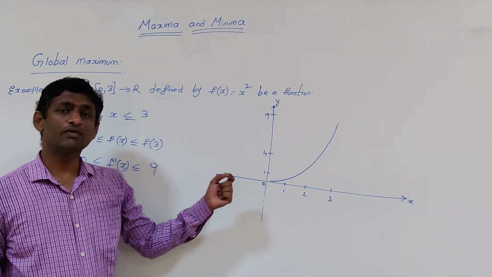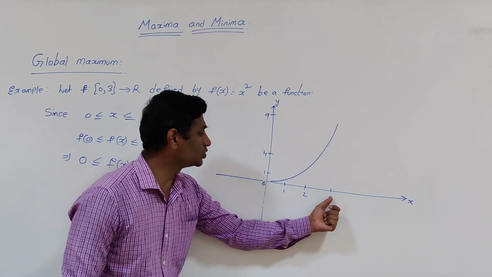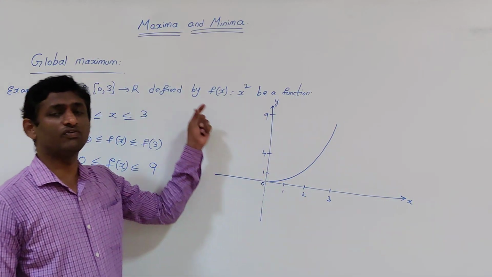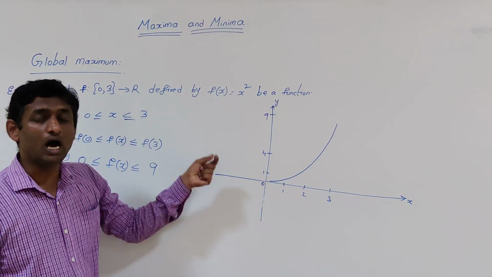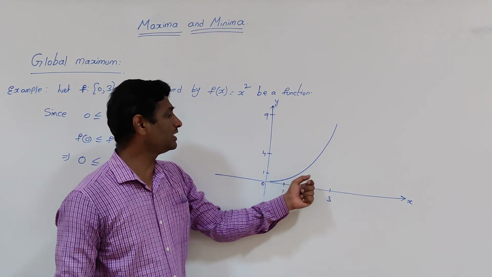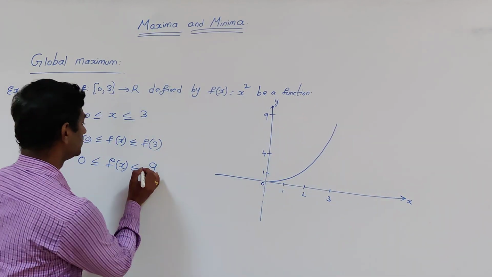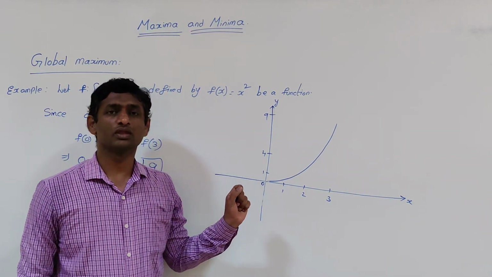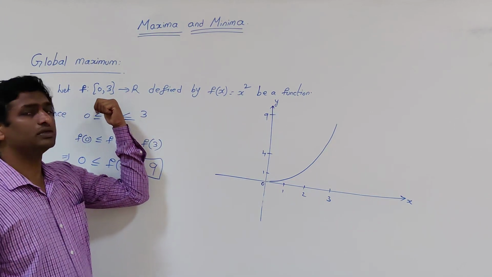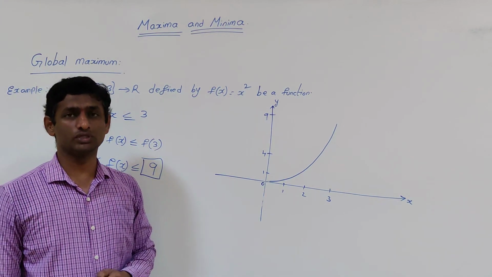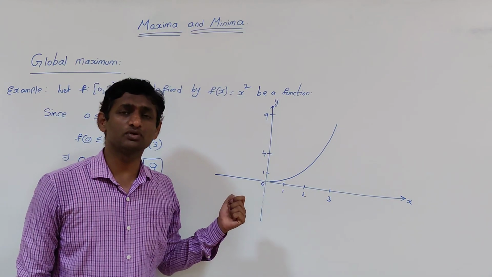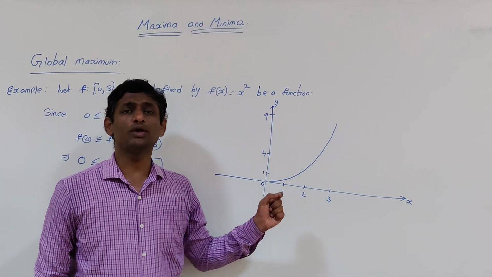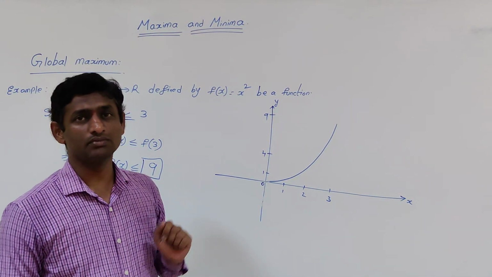Whatever values exist between 0 and 3, all the outputs in the given domain are less than or equal to 9. So this 9 is the global maximum of the given function defined on the closed interval [0, 3]. We get the maximum at x equal to 3, so 3 is the point of the global maximum.